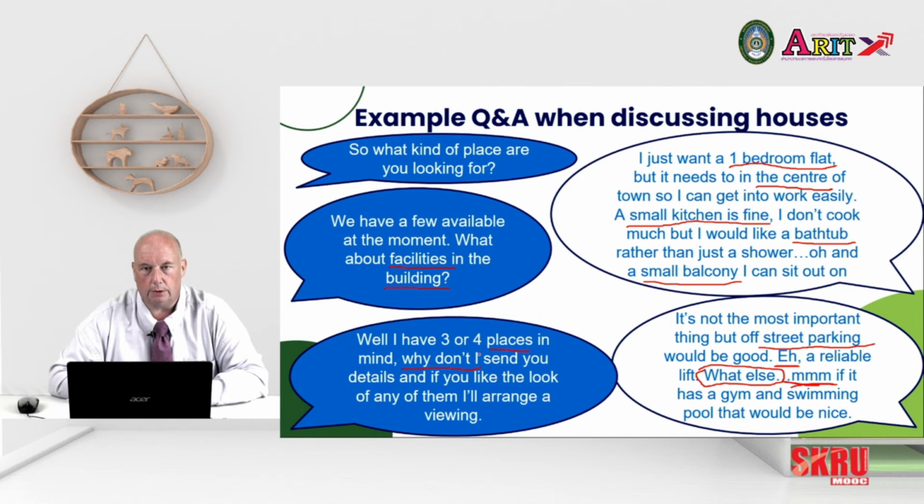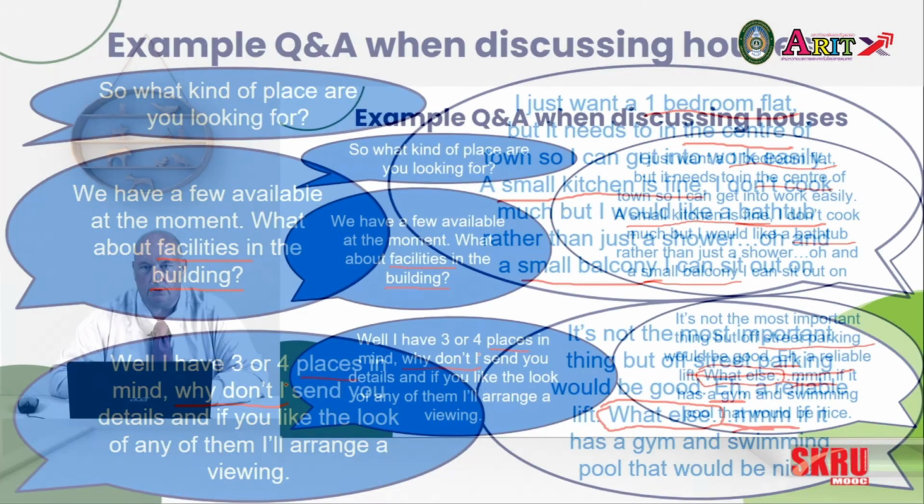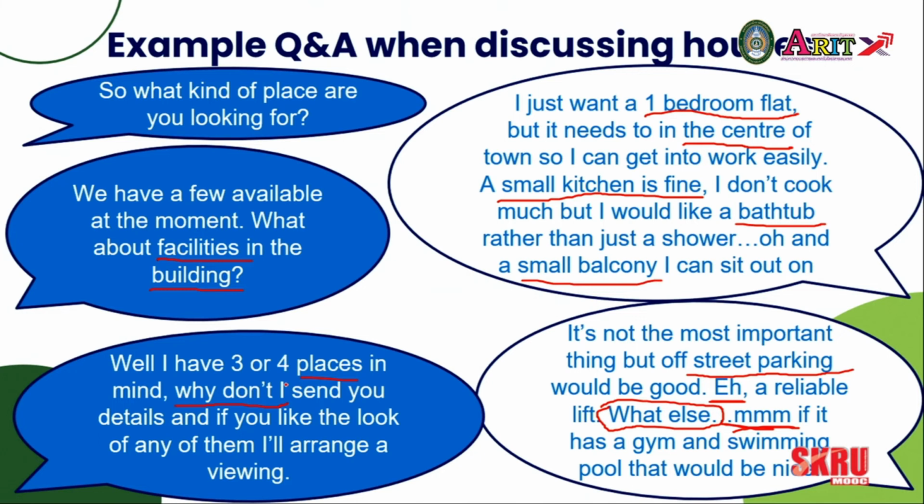I'll send you details. Why don't I send you details? If you like the look of any of them, I'll arrange a viewing. If you want to buy a house or rent a property, it's normal to go and look around and be shown the place before you make a decision. So you get to really understand what you're buying.